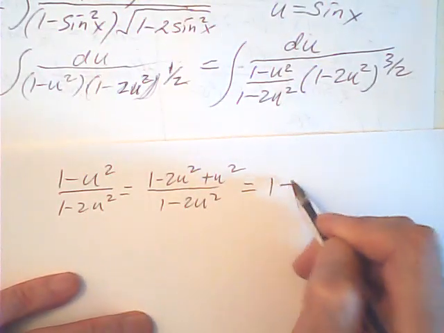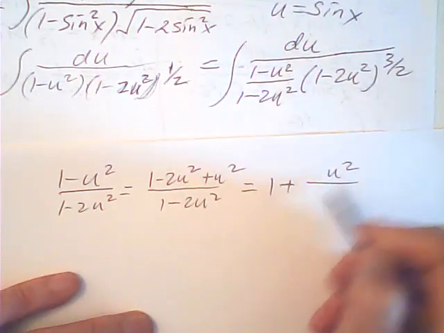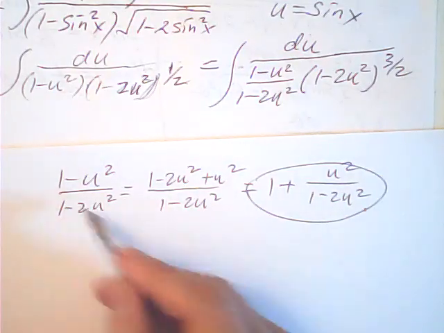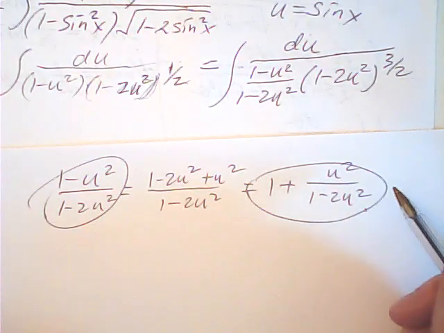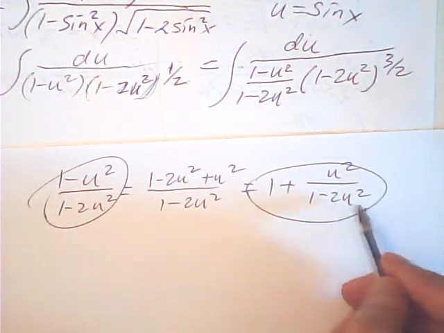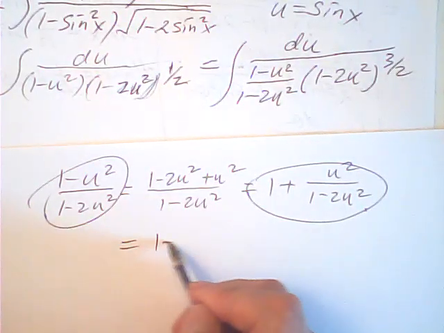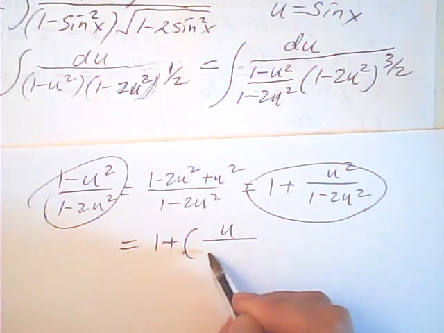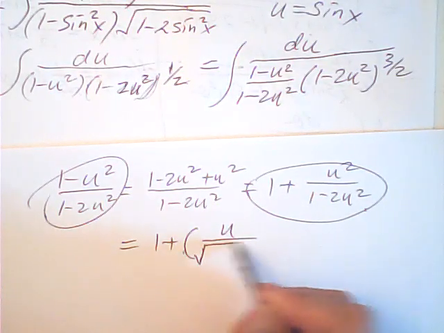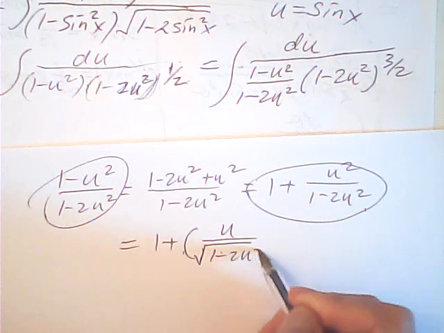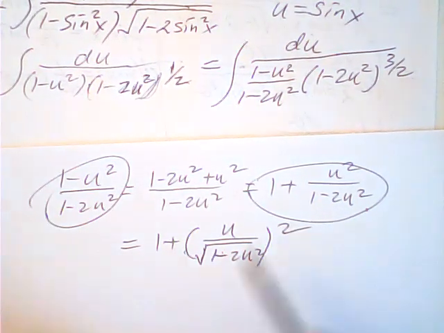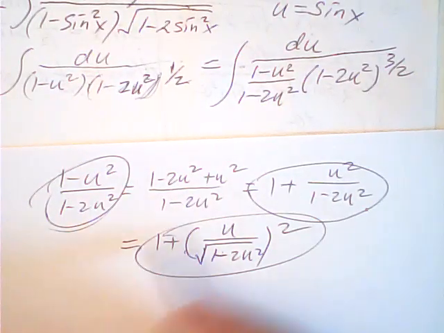So it becomes 1 plus u square over 1 minus 2u square. Wow. Right? So I can change this one into 1 plus u over square root 1 minus 2u square. Yeah. So this one is equal to this. It's better.